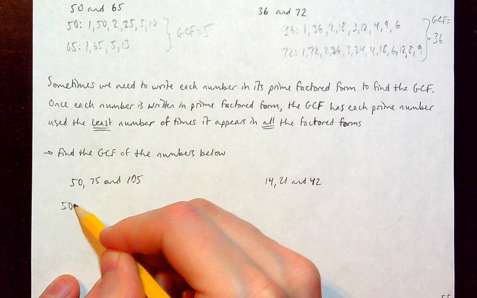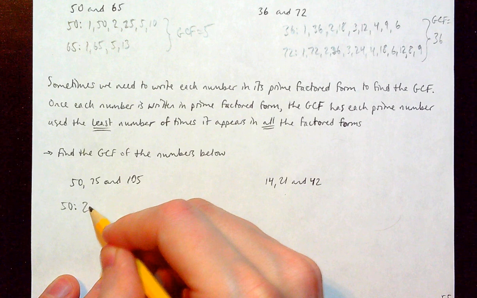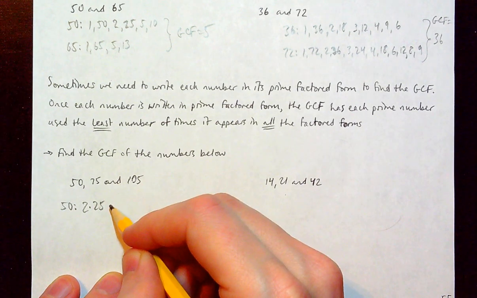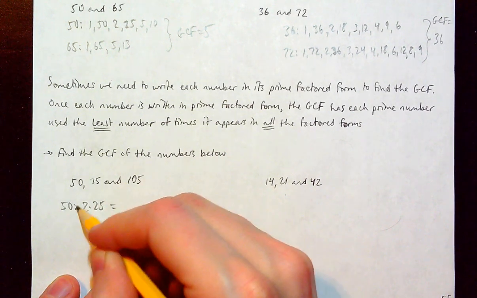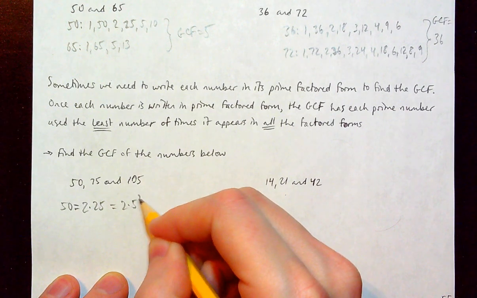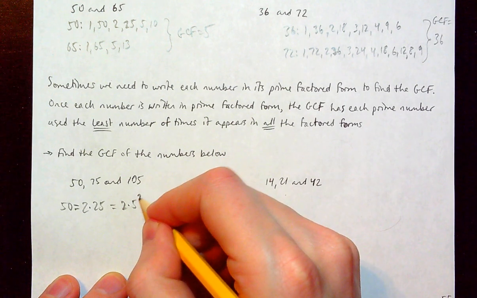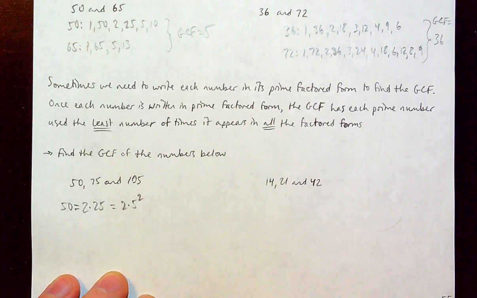So if we start off with 50 here, 50 is 2 times 25, and 25 is 5 times 5, or 5 squared. So 50 is 2 times 5 squared. And 2 and 5 are prime numbers, so we have to stop there.